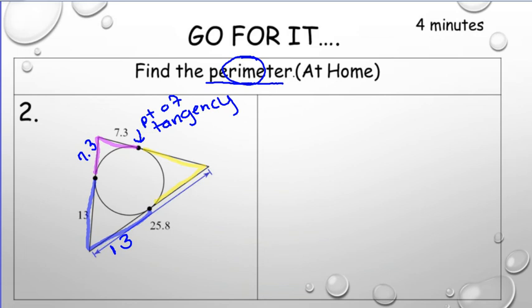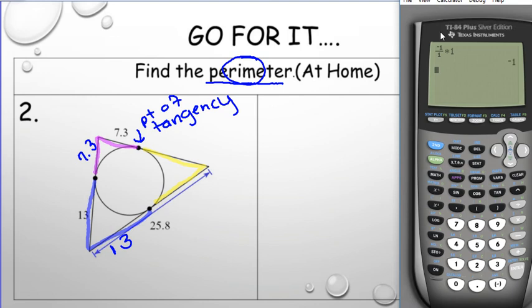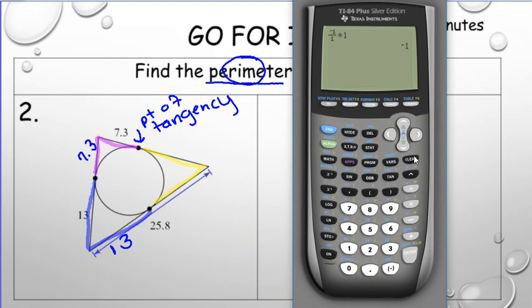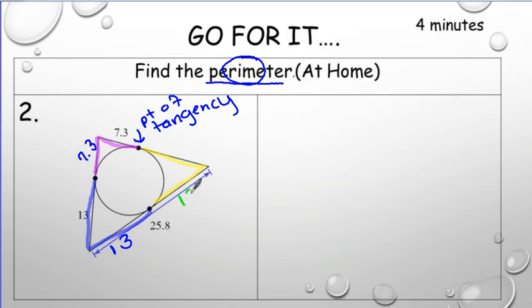But in order to find this side, I need to go over here and find this side. So what I'm going to do is take 25.8 and subtract 13. I'm going to grab the calculator. 25.8 minus 13, and that's 12.8. So this yellow piece is 12.8, and if this is 12.8, then so is the other side.